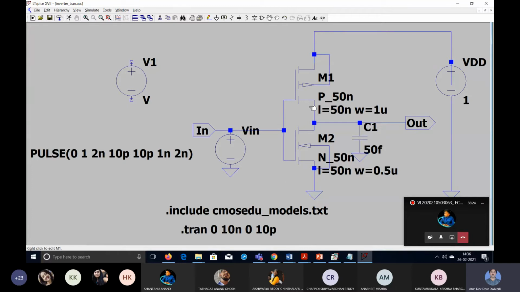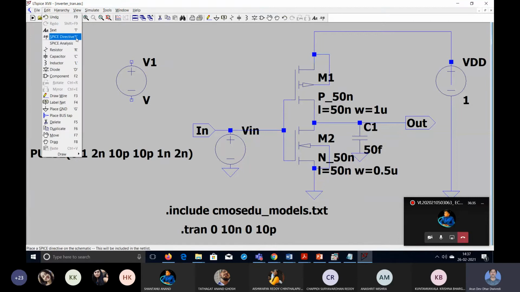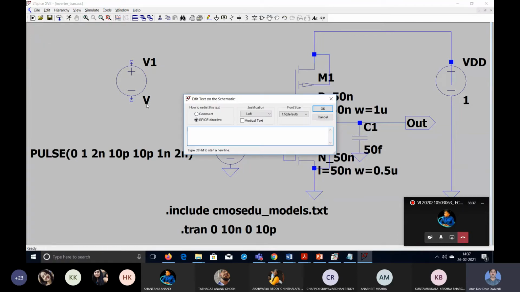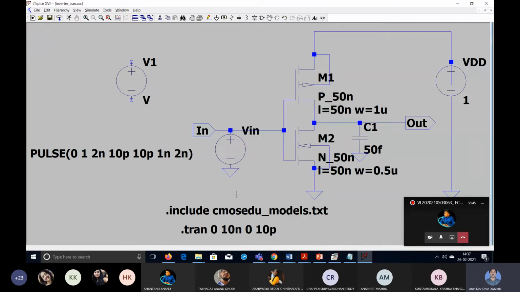The circuitry part I can come to later on. Later we need to include the model files, so we can edit the SPICE directives. We can choose .include CMOS_edu_models.txt. This is included. Then click OK and place this. It is already placed.